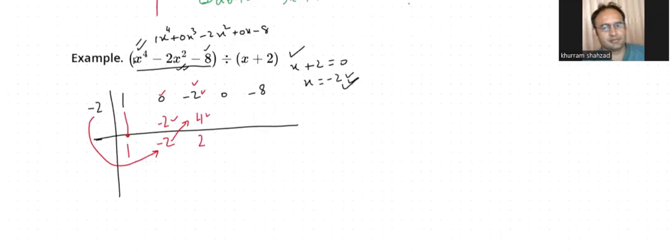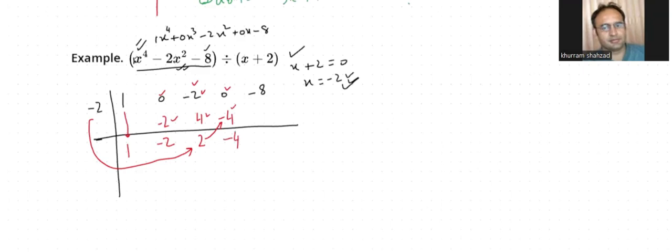So what is our next target? Next, again, we have to multiply this -2 with this 2, and we will write the result here. So negative 2 times 2 is negative 4. Now we will add this 0 and this negative 4, which is equal to negative 4.